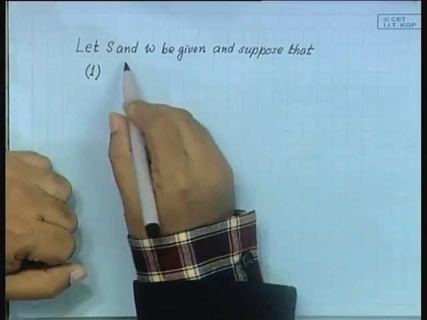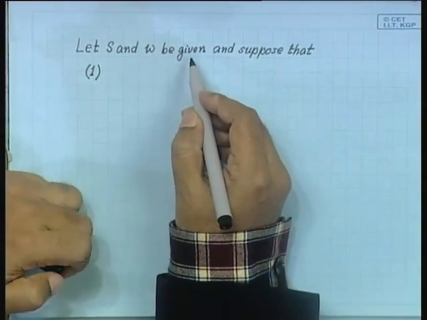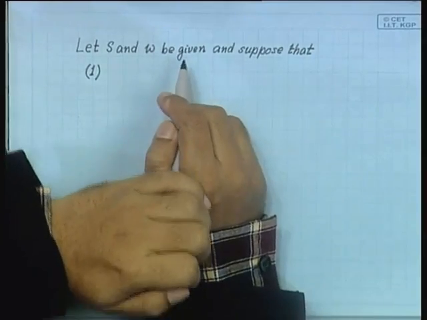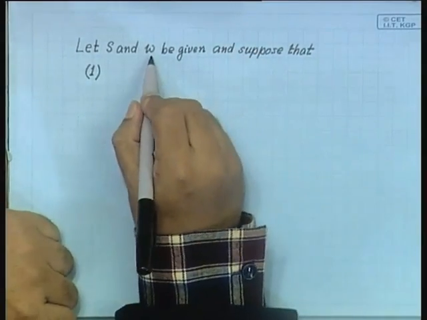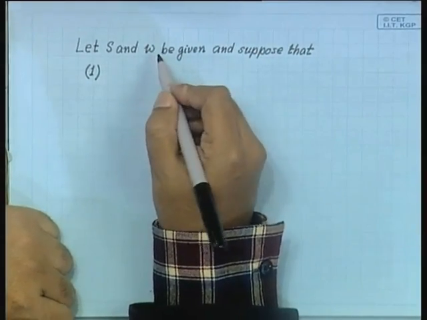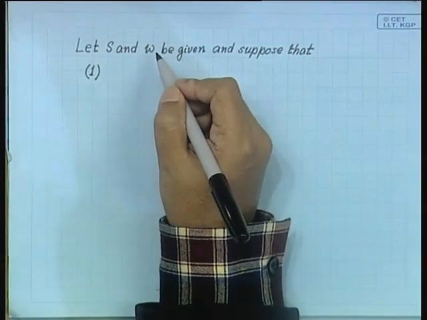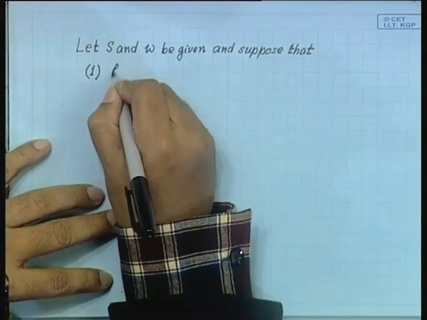S and W are given. Okay. What is S? S is a subset of vertices of V, and W is a node which is the current pivot.